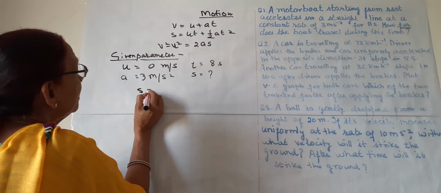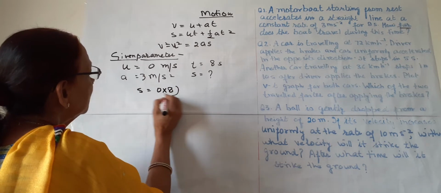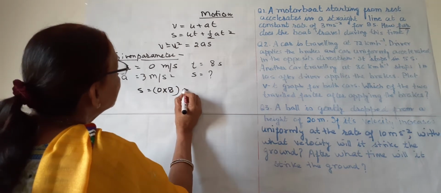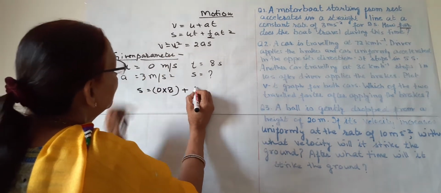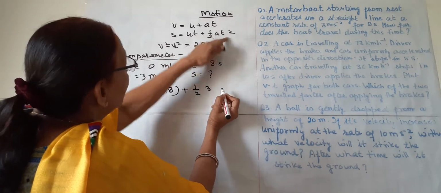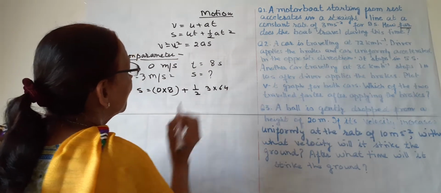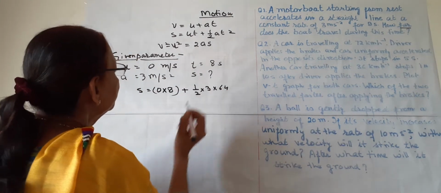So we will calculate s from this equation. s will be equal to u is 0, 0 into 8, plus half, a is 3, t square is 8 8s are 64. So this will be the equation.